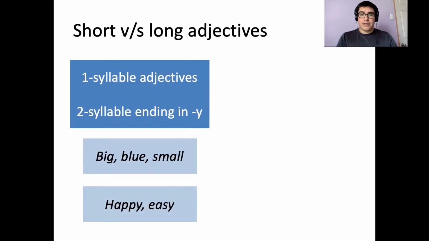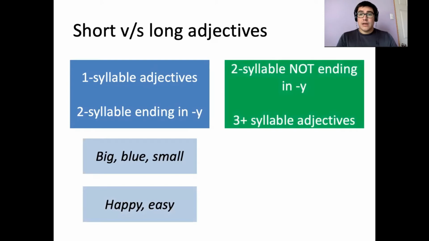On the other hand, we have long adjectives, and we can identify long adjectives if they have two syllables that do not end in Y or three or more syllables. Let's see each case. If we have an adjective that has only two syllables but does not finish in Y, we consider that as a long adjective.